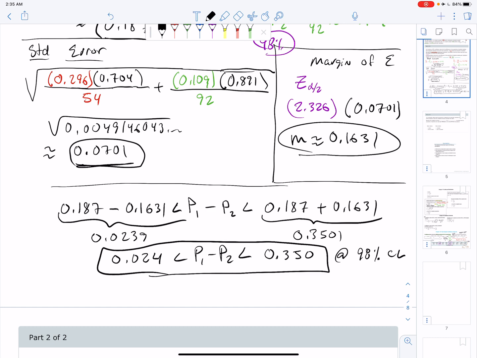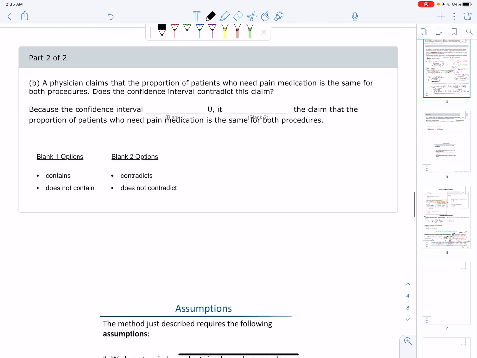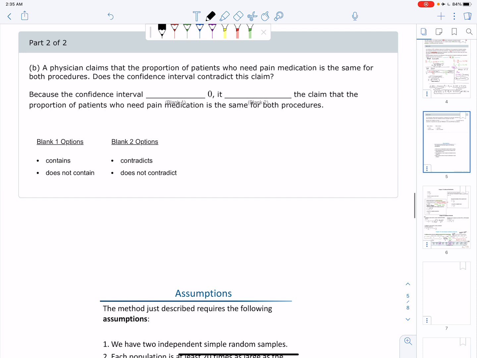Okay, we're almost there. Just need to answer a couple questions right here, and we're ready. So let's go ahead and do this in green. It says, a physician claims that the proportion of patients who need pain medication is the same for both procedures. So remember, they're claiming it's the same.